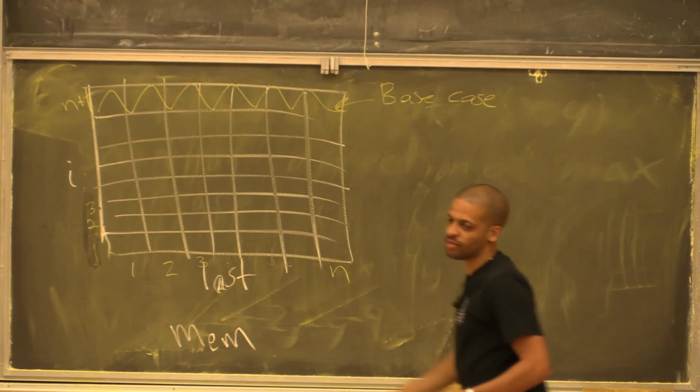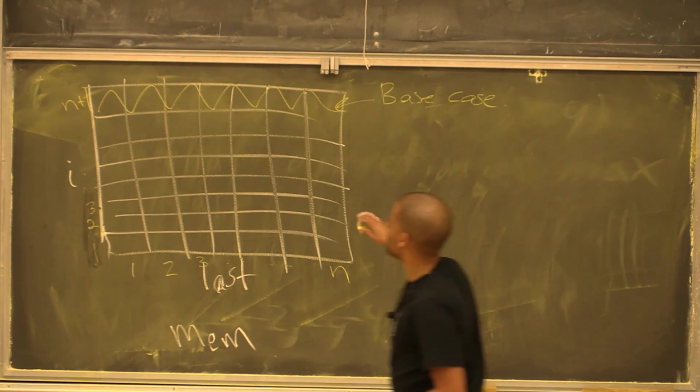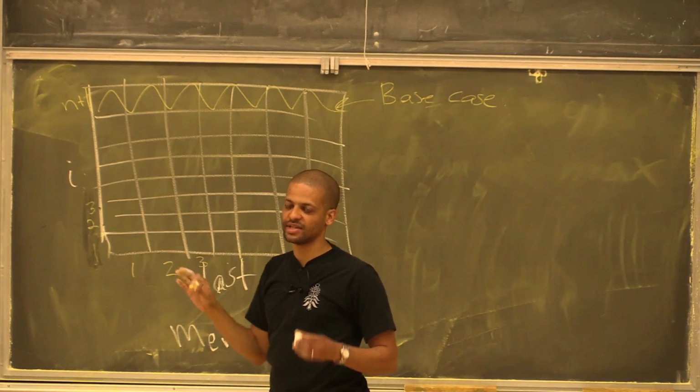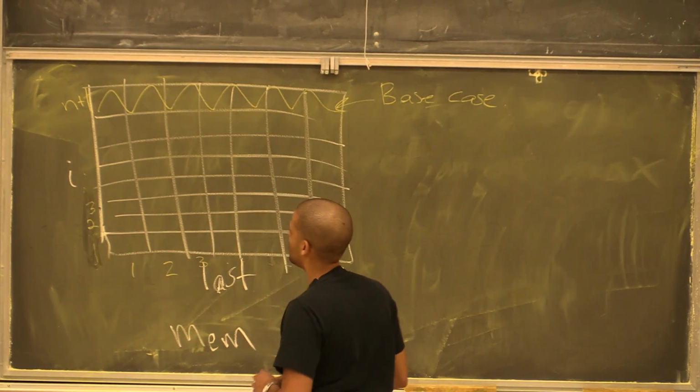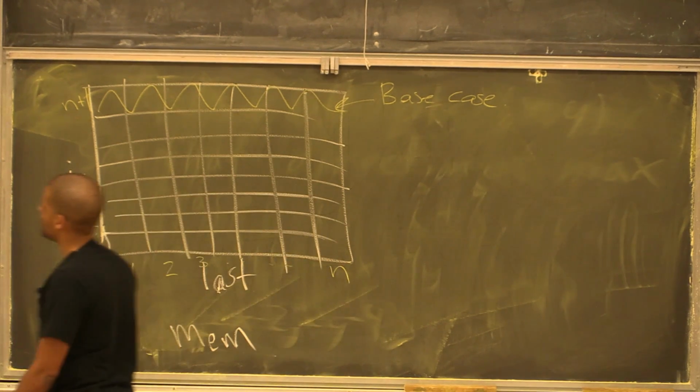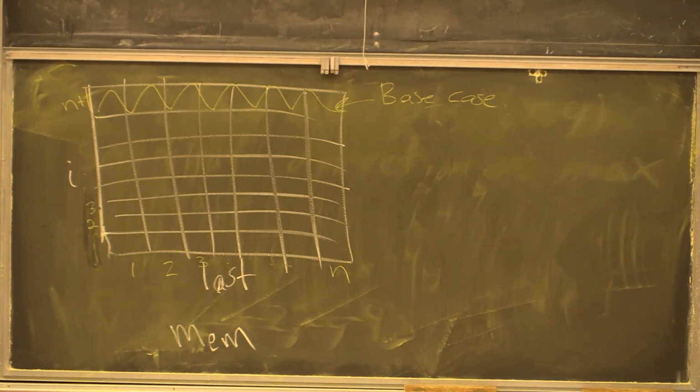So if I'm doing my bottom-up DP, the first thing I do is fill that top row with zeros in my 2D array. And then what does f of last, I depend on? It depends on f of last, I plus 1, and it also potentially depends on f of I, I plus 1.